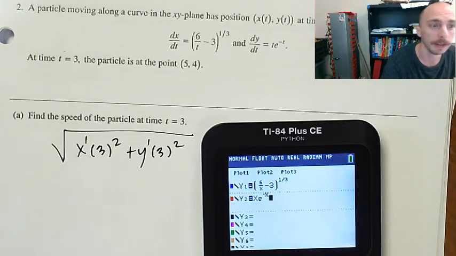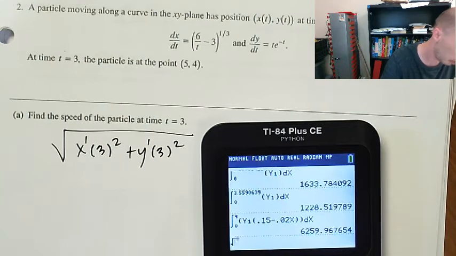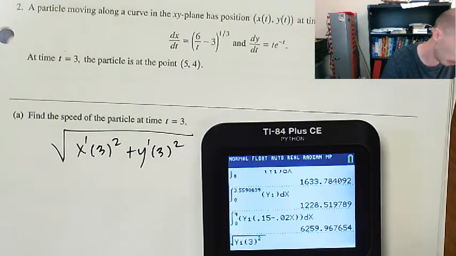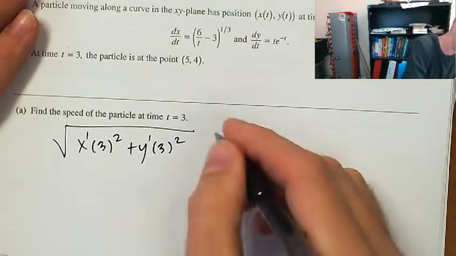Then I'm going to take the square root of y1 of 3 squared plus y2 of 3 squared. I'm going to get 1.011.